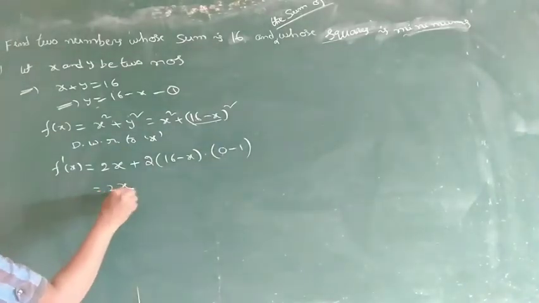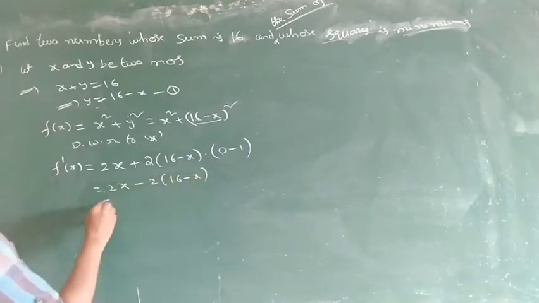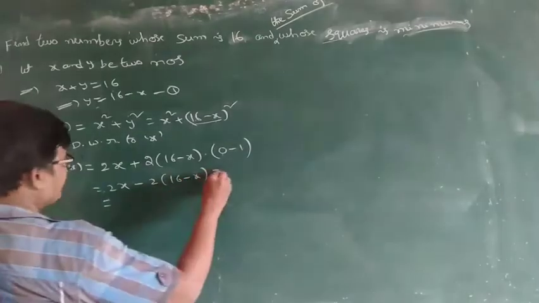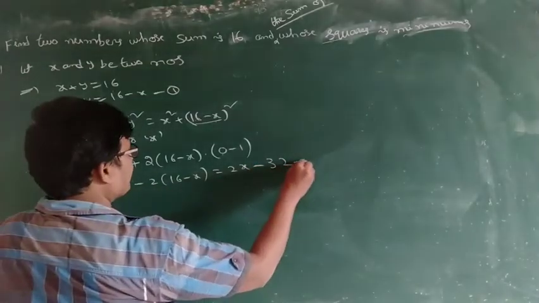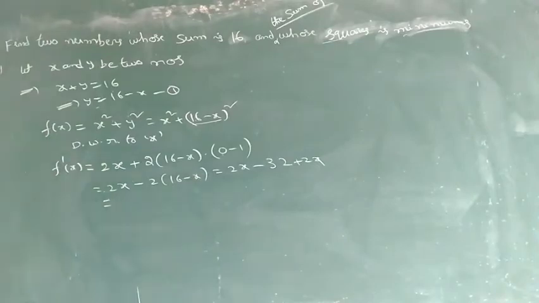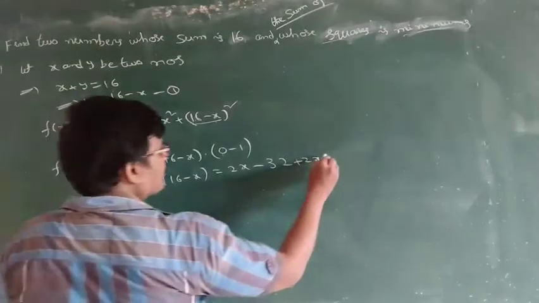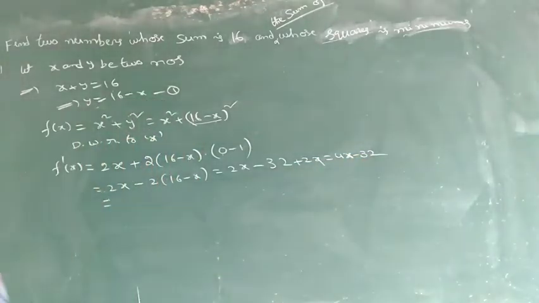So 2x minus 2 into (16 minus x), that is 2x minus 32 plus 2x, so 4x minus 32. This is f dash of x.